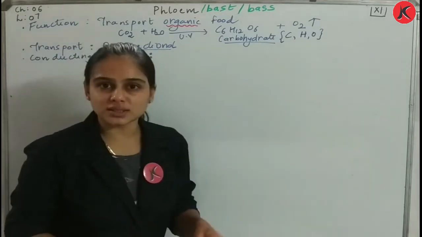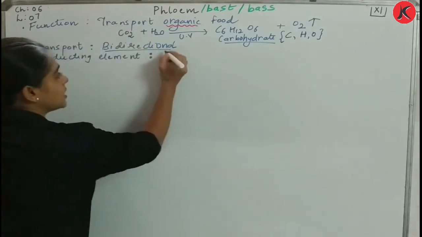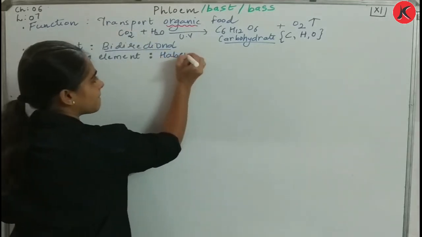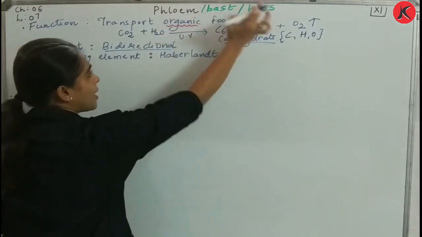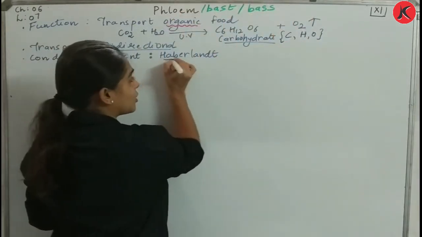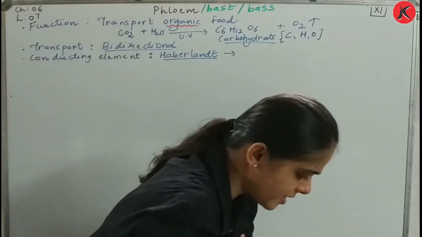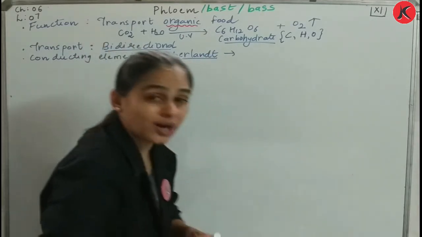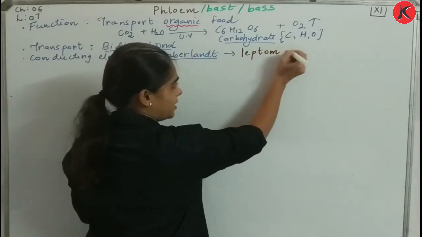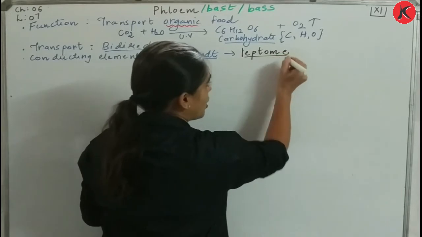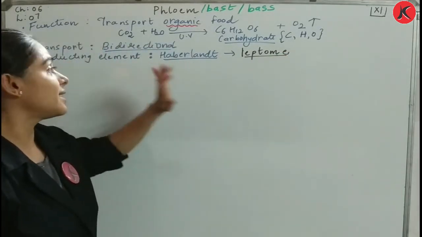Hadrome ऐसा कुछ बोला था, given by Haberlandt. Yes or no? वैसे ही the conducting element of phloem, bast or base, according to Haberlandt, it is called as your leptome. What it is said? It is said as your leptome. Am I clear? These are the conducting elements.